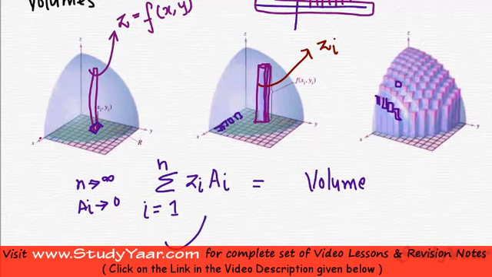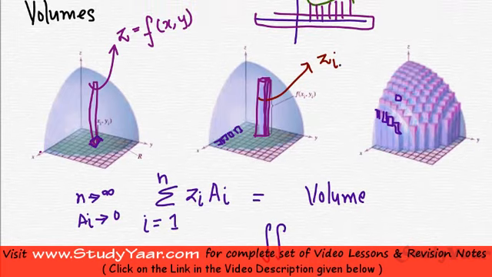If you check out this sum, this is essentially your double integral. Your z is a function of x comma y, so this gets replaced by f of x_i comma y_i.